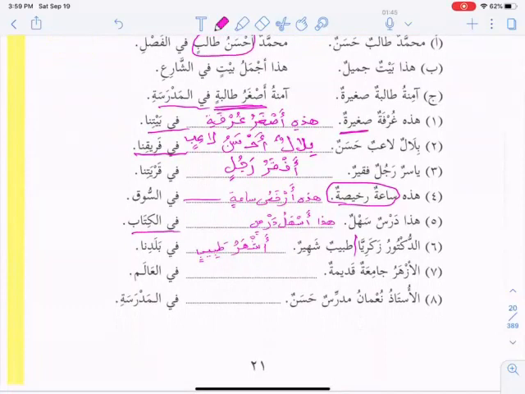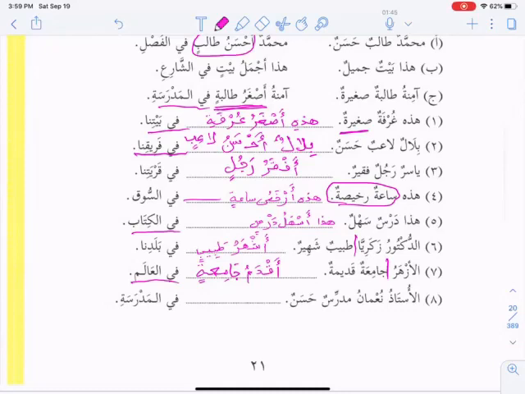Or, Al-Azharu Jamiatu Kadimatun fil Alam. So what will you say? You will start with Azharu and then you will say Akdamu jamiatin. Al-Azhar is the oldest university in the whole world. Al-Ustadhu Nu'manu Mudarrisun Hasnun fi madrasati.